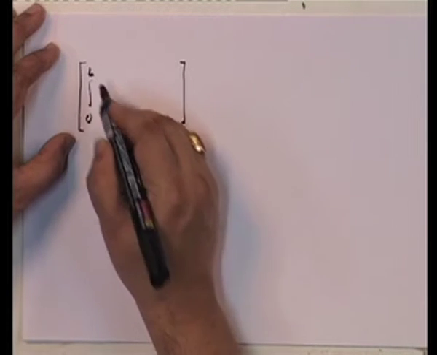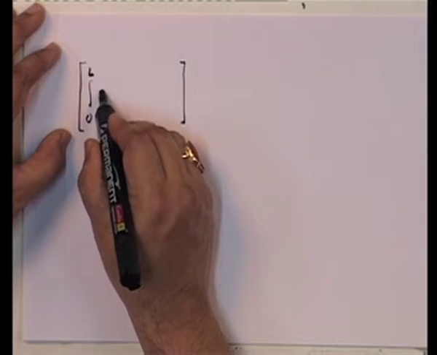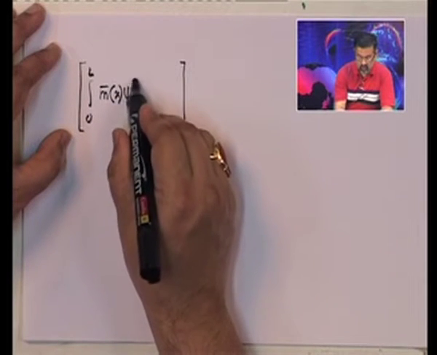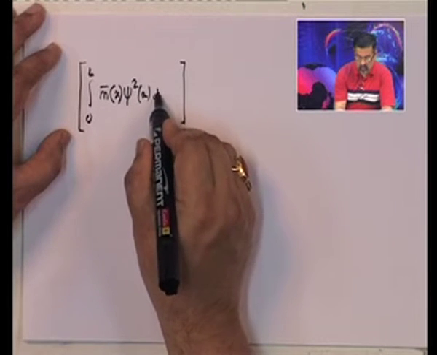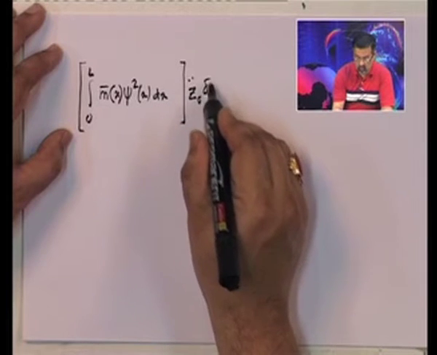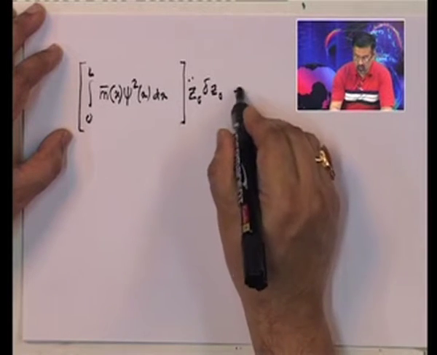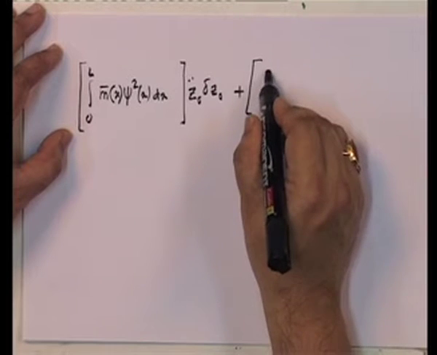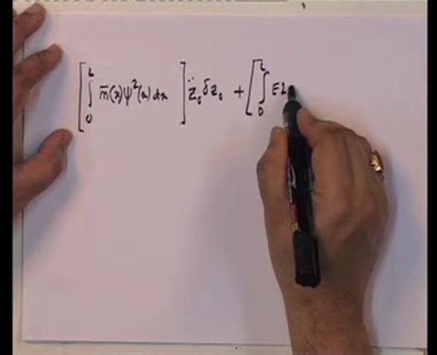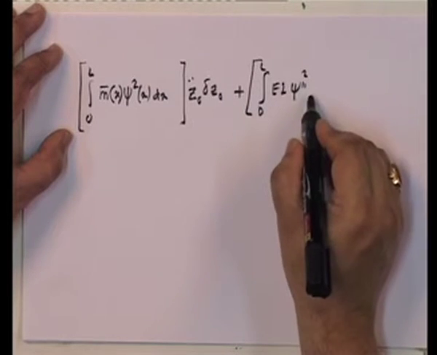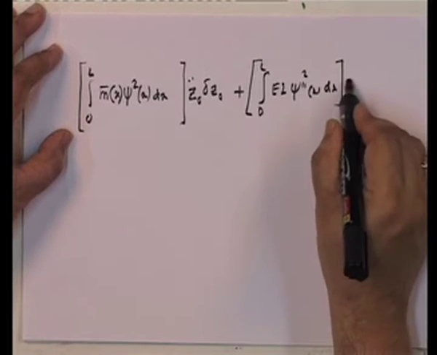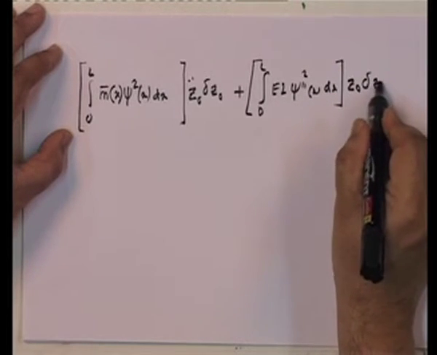Integrated from 0 to L m bar x xi squared x dx into z0 del 0 plus integral from 0 to L ei xi double prime squared x dx into z0 del 0.